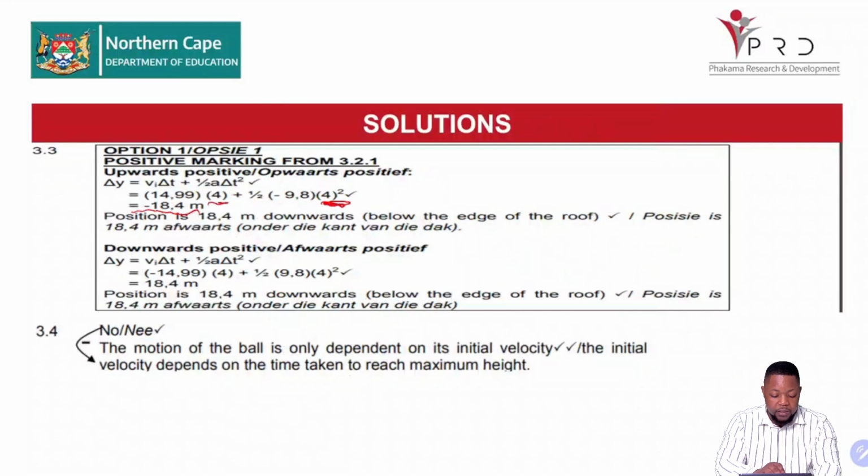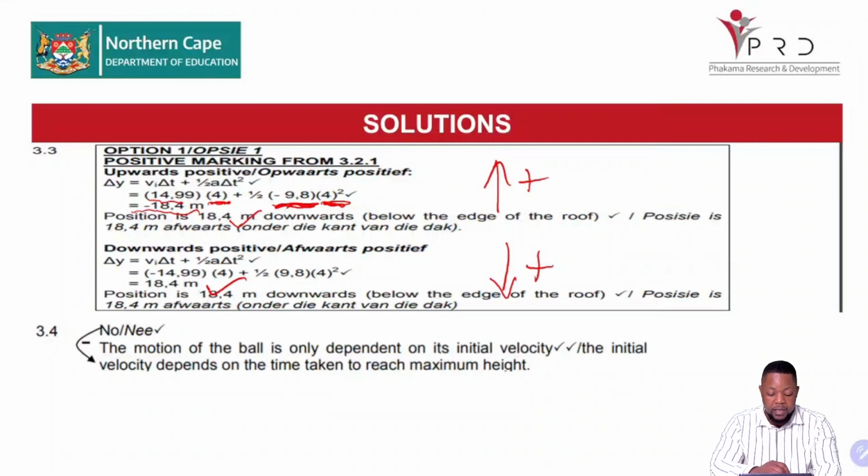The 4 seconds is substituted here, initial velocity as it is, and the gravitational acceleration and the initial velocity do not have the same sign because the object was thrown upwards. This is when upwards is taken as positive, and this is when downwards is taken as positive, and you will see that the answers are the same. So the answer to whether any of them is going to change is no.